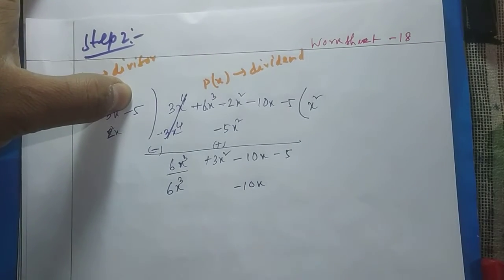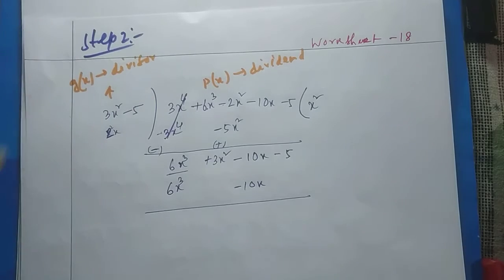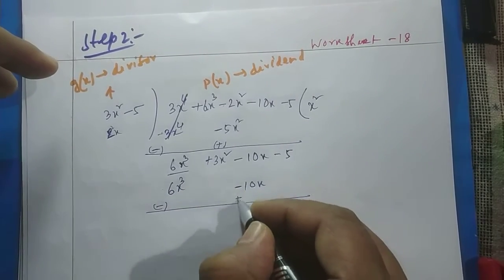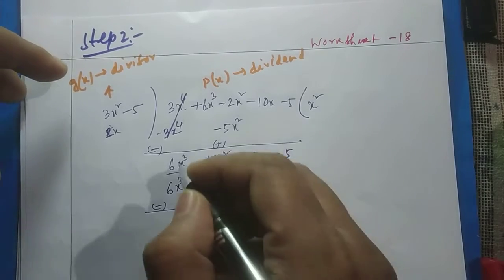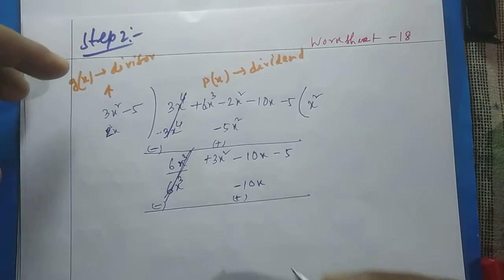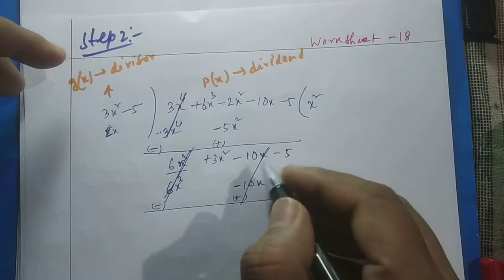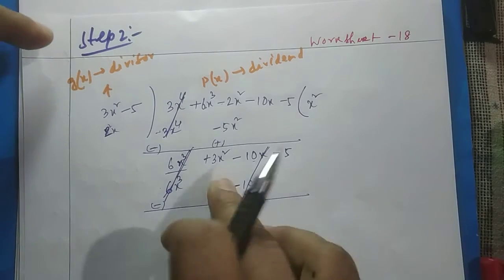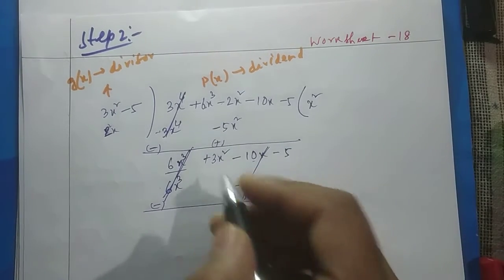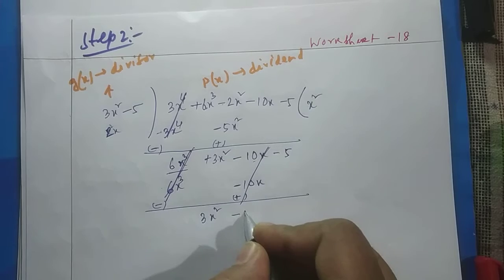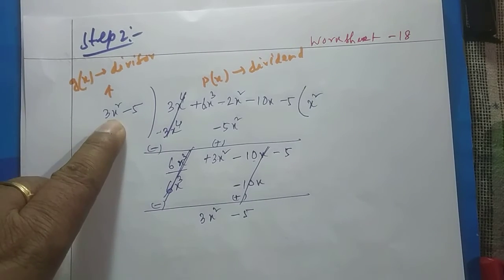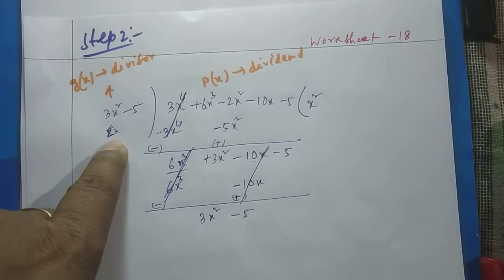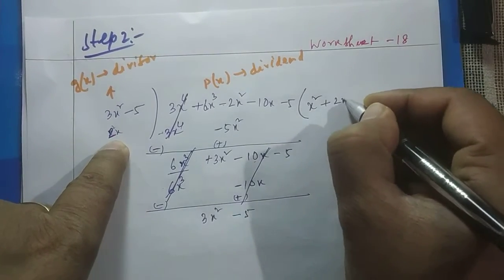It sits same to same. Now simply do minus. It was plus, it will become minus. It is minus, it will become plus. So it will be cancelled, because both are the same with different sign. Now the remaining terms will come out as it is: 3x square minus 5. Correct? Since we have multiplied the divisor with 2x, put it here, plus 2x. Correct?